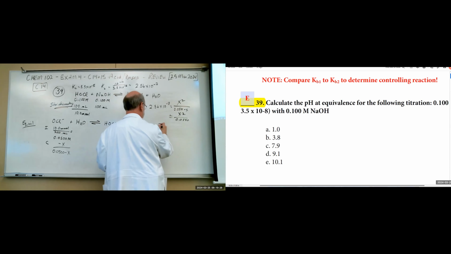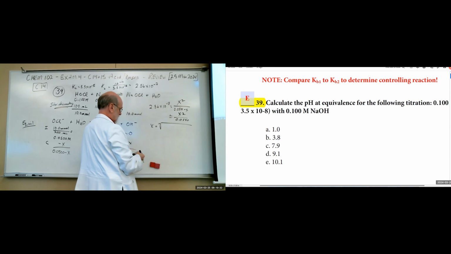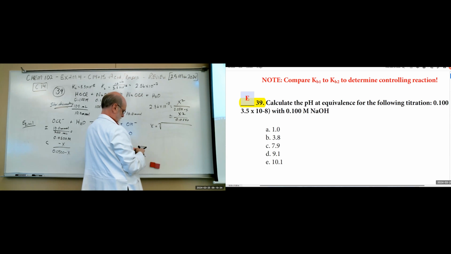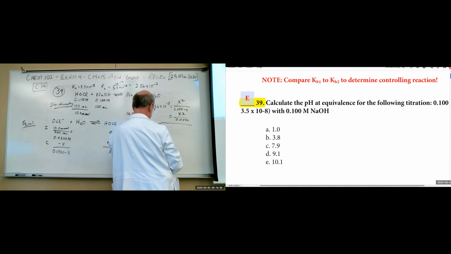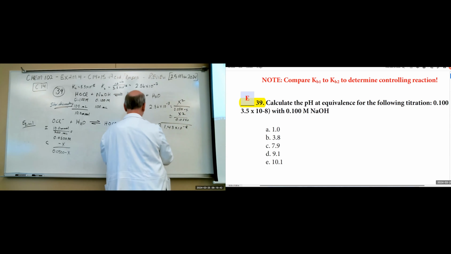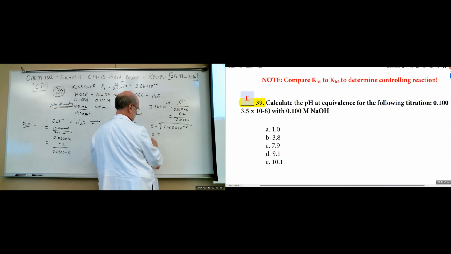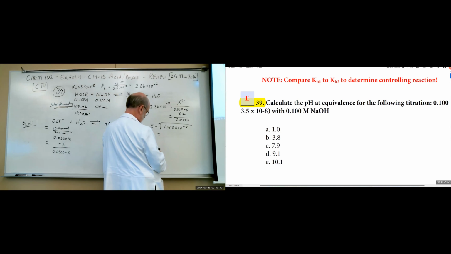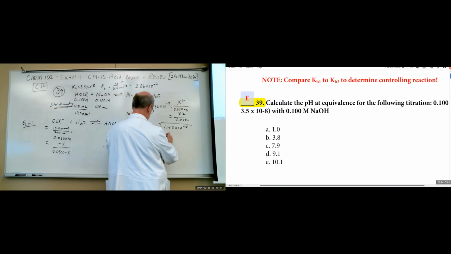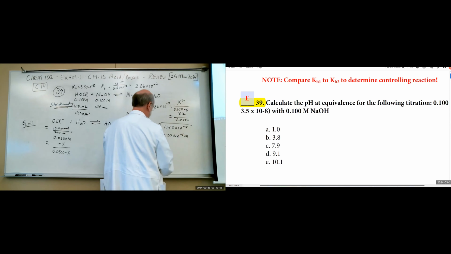So X then is going to be the square root of that value times this value, 1.43 times 10 to the minus 8, and X, which is the hydroxyl ion concentration. Just take the square root of that: 1.20 times 10 to the minus 4 molar.